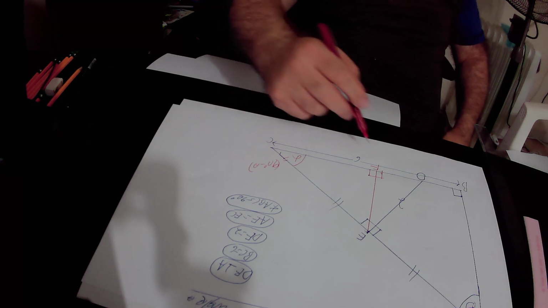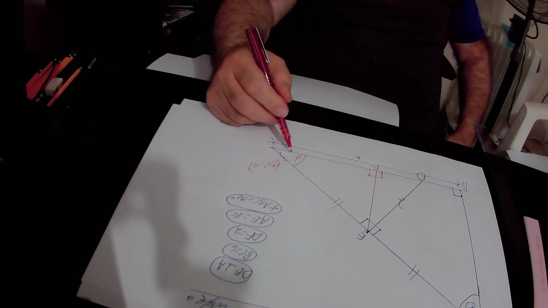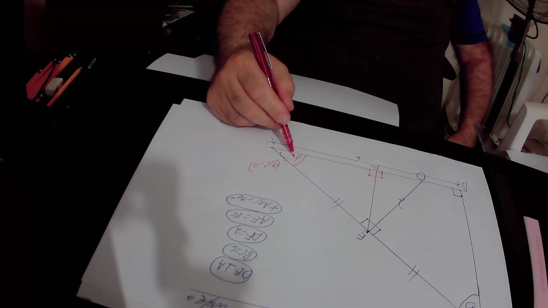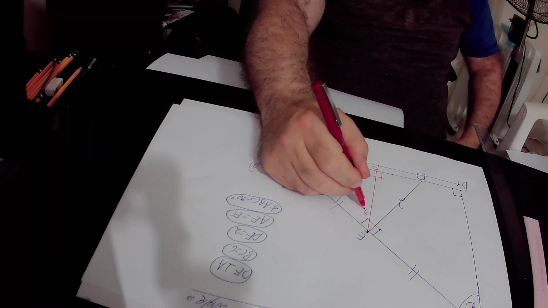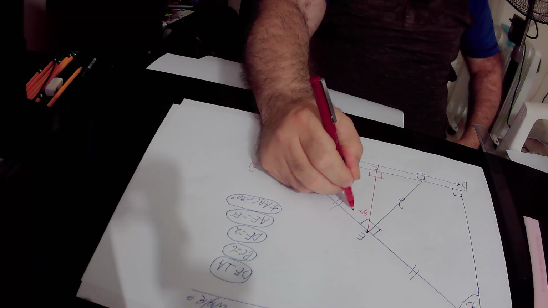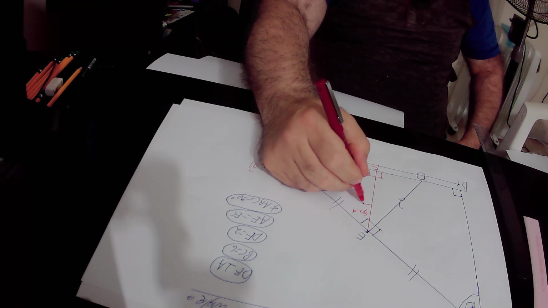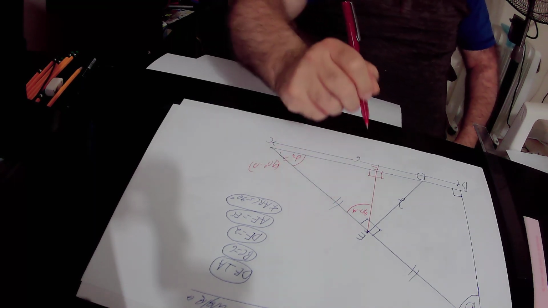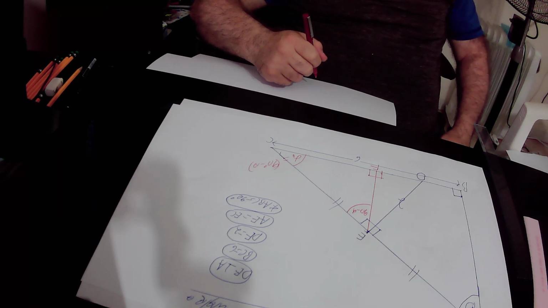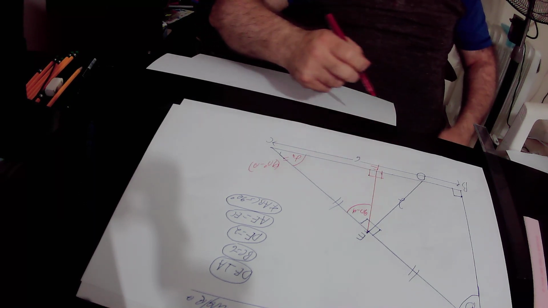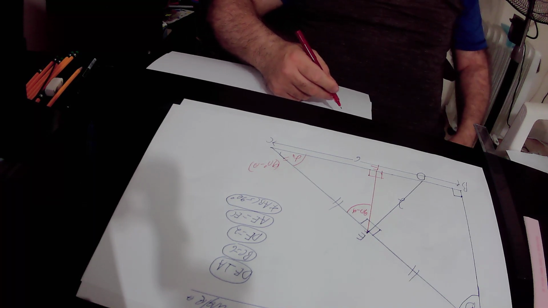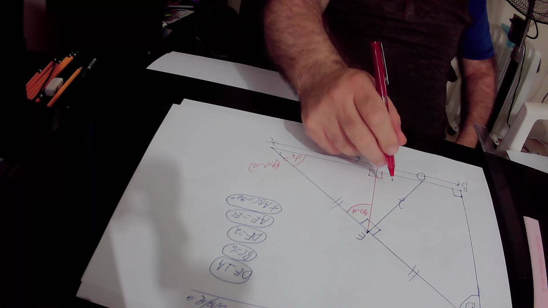So in the right triangle FEC, this angle equals alpha. If this angle equals alpha, this angle must be equal to 90 degrees minus alpha. And what is the value of angle DEF?